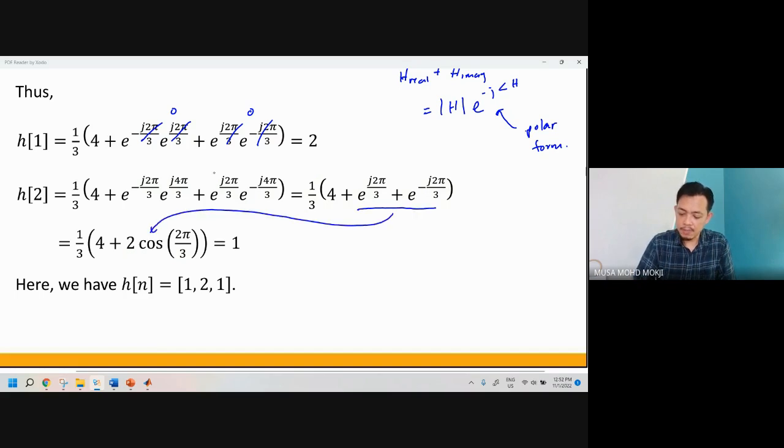It becomes 2 cos 2 pi over 3. Then solve that 2 cos 2 pi over 3. This is where you will get equals to 1, 2, okay, and then 0.5. This one becomes a 0.5 multiplied by, no, maybe I'm wrong.